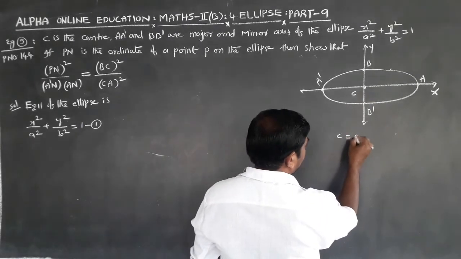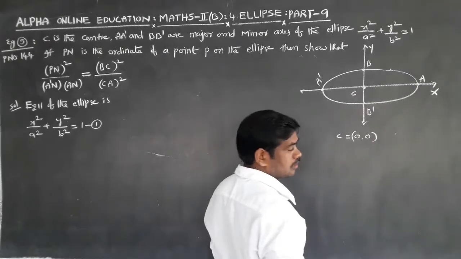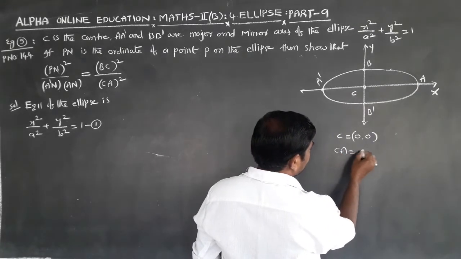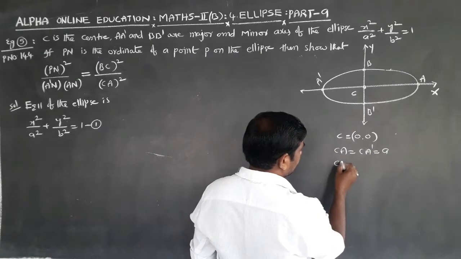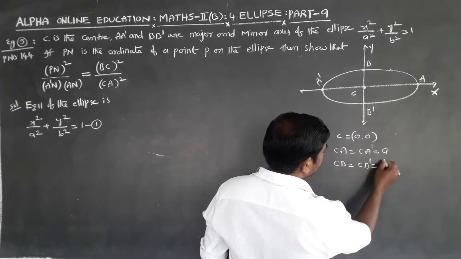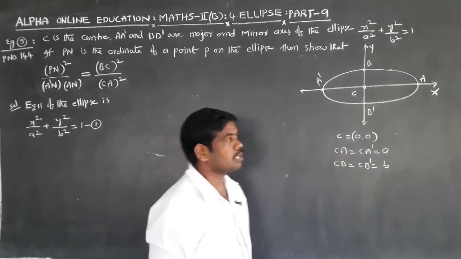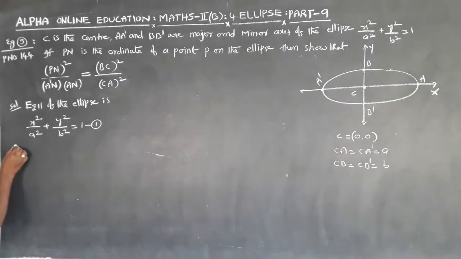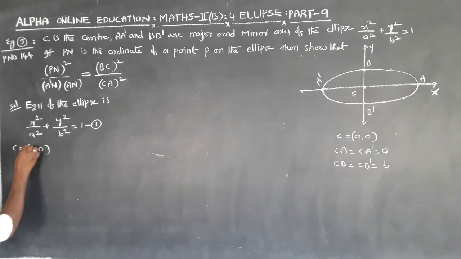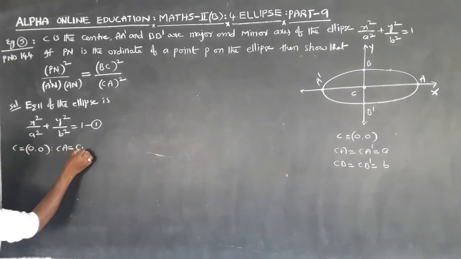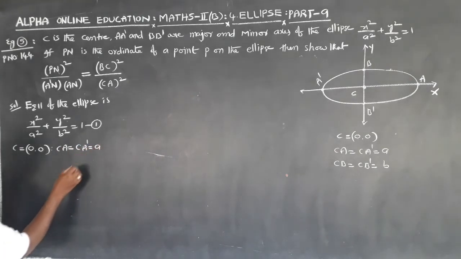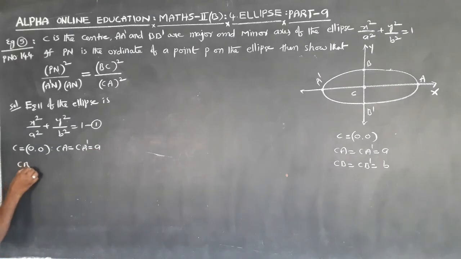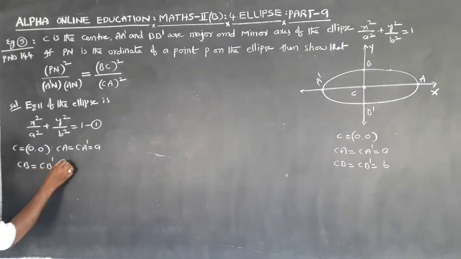The center of the ellipse is (0, 0), CA = CA' = a and CB = CB' = b.